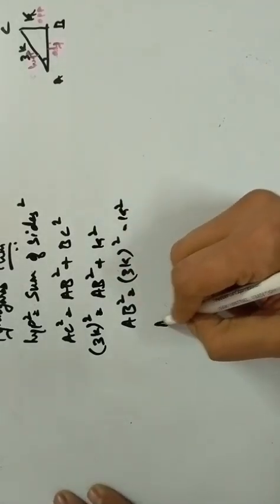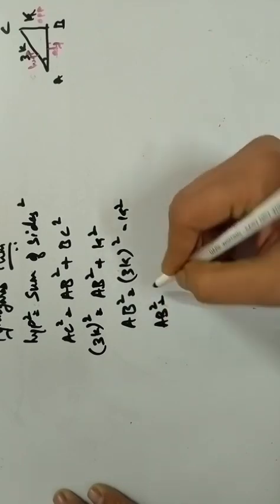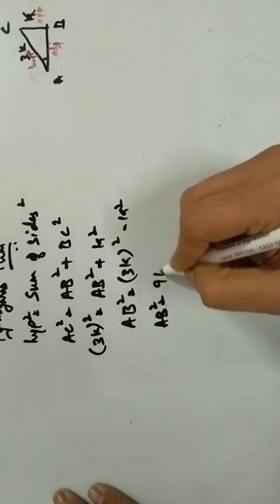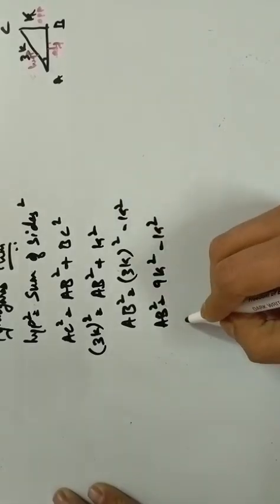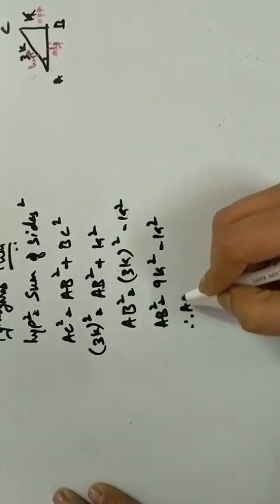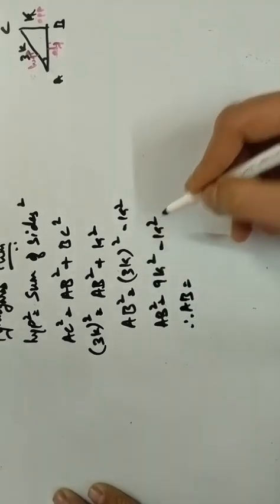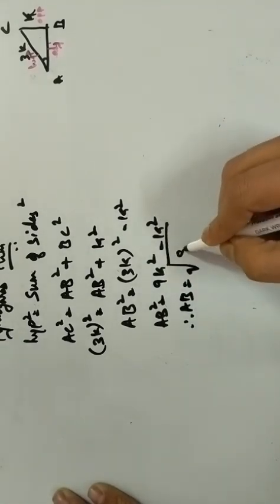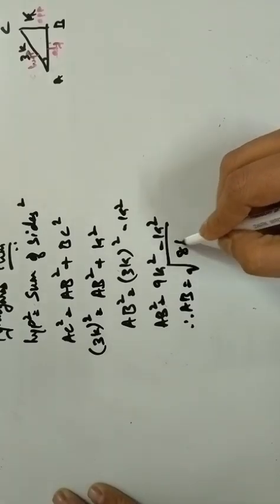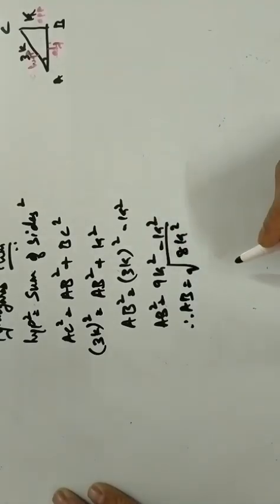So now AB square is equal to 9k square minus k square. Therefore AB is equal to root of 9k square minus k square, which is 8k square. So it is root of 8k square.